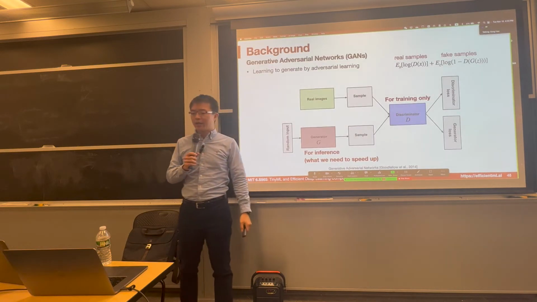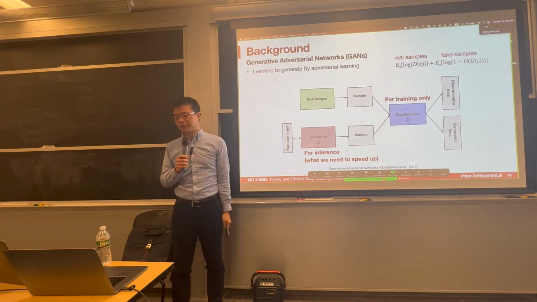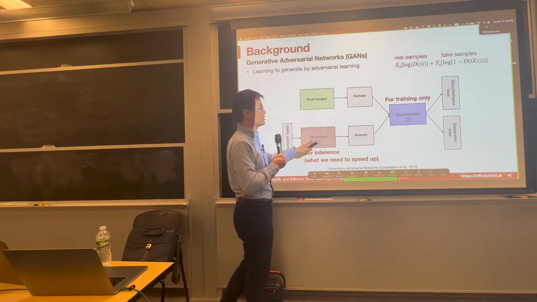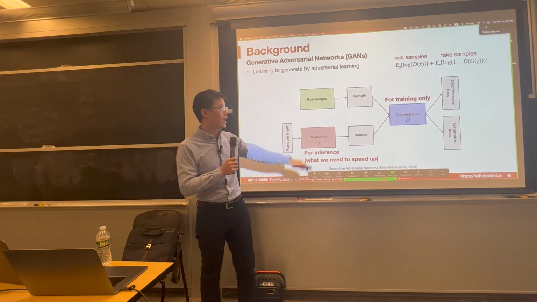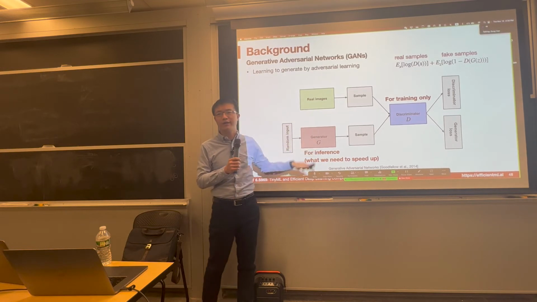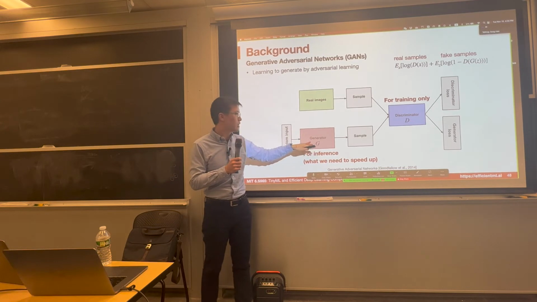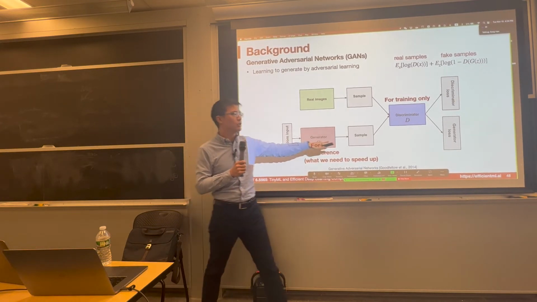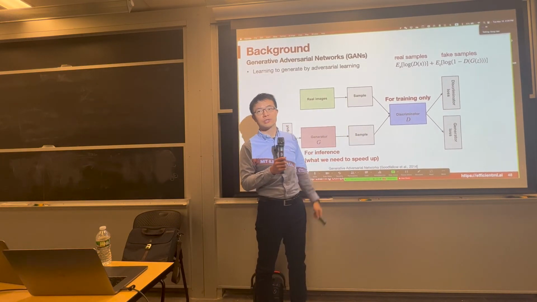Okay, so background for generative adversarial networks. It has two components. We have a generator. We also have a discriminator. We can have both a real image and those fake images that are generated from this generator by feeding it with random input, and use the generator to generate a sample, trying to make it very similar to the original real image.